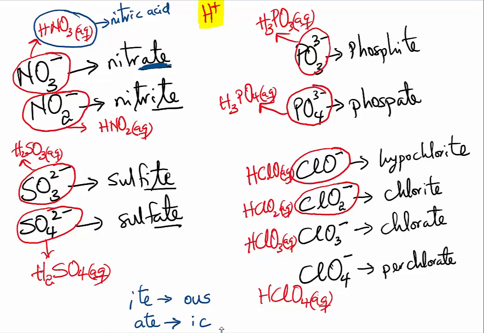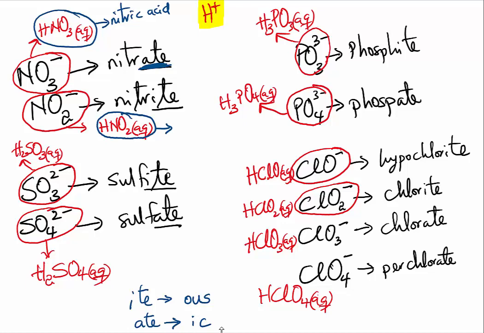Remember, there should be no hydro in front of oxyacids. Let us take a look at HNO2. The polyatomic ion that generates it ends in ITE. So the acid itself should have a name that ends in OUS.